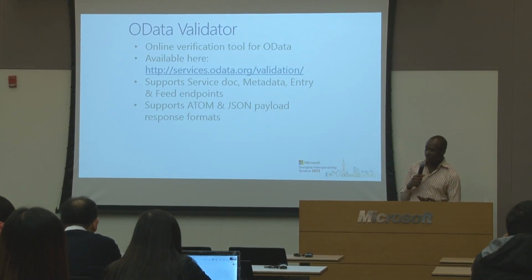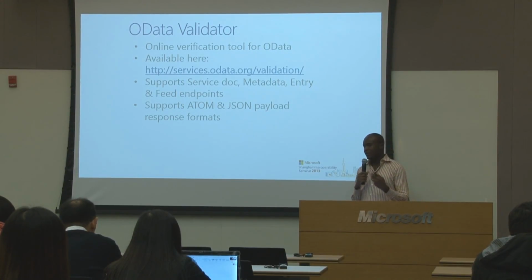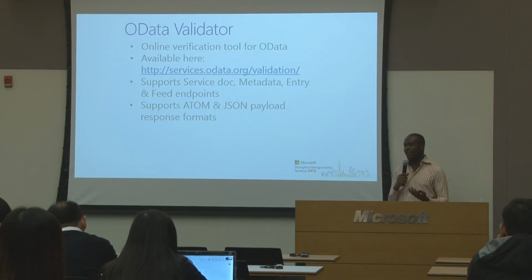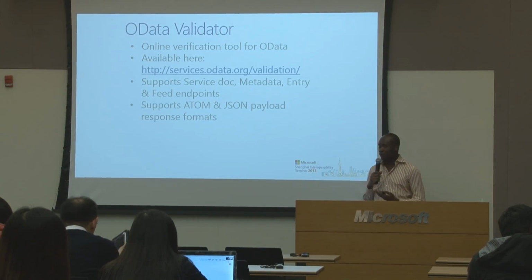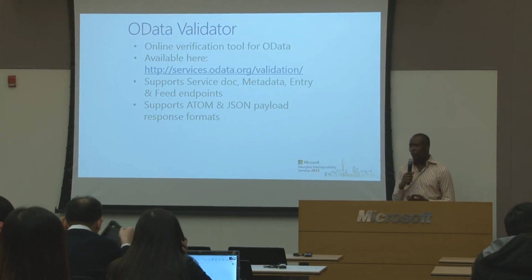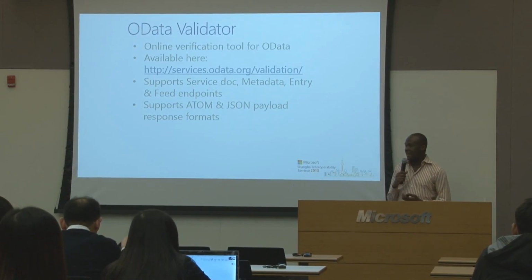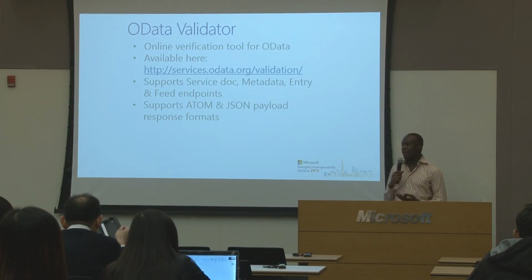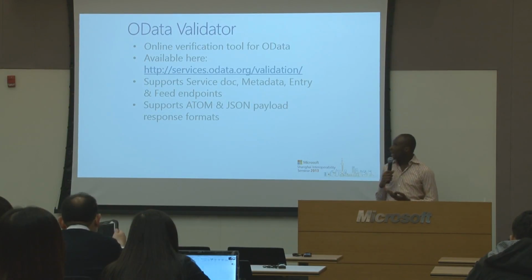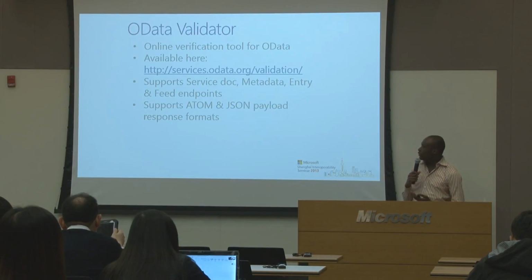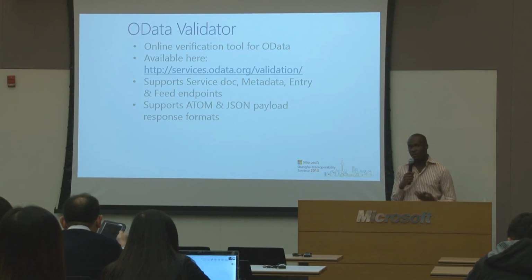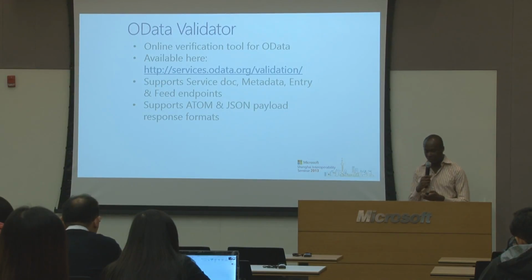Provide that into the tool. It parses it in the back end, looks at the structure of your OData feed, and then provides a list of how you comply with the industry standard out there. Currently the formats that we support are Atom or JSON. I look forward to presenting that later this week.